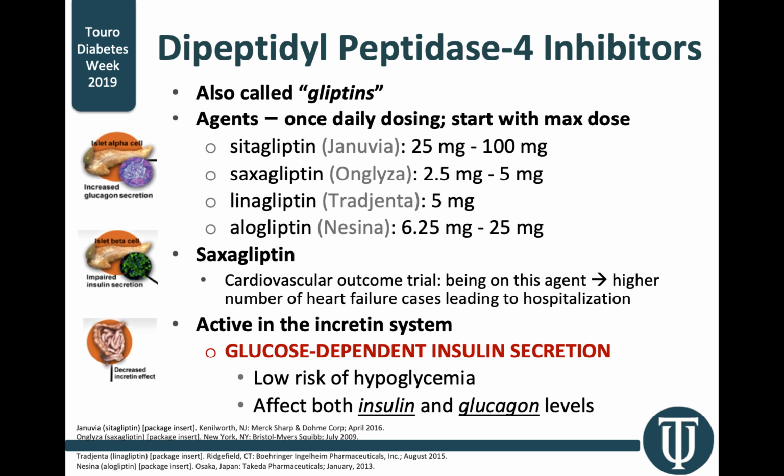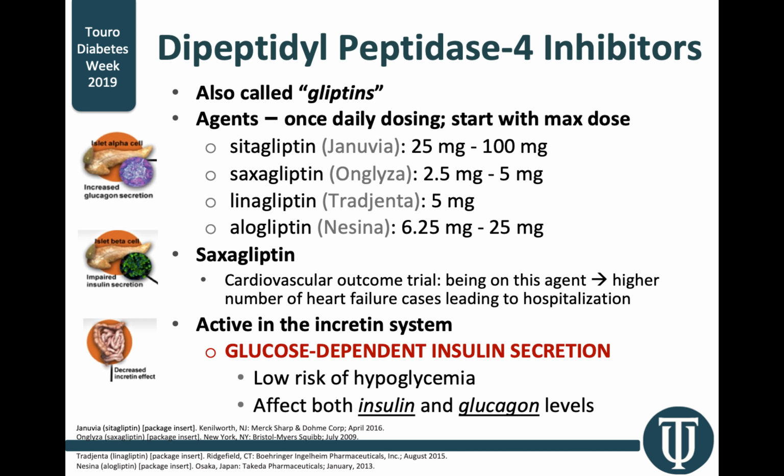One thing I would like to point out about saxagliptin: all of the diabetes drugs now have to go through a cardiovascular outcome trial to prove there's no harm to the patient in terms of cardiovascular outcomes. But for saxagliptin, their cardiovascular outcome trial found a higher number of heart failure cases leading to hospitalization from those who are on saxagliptin.